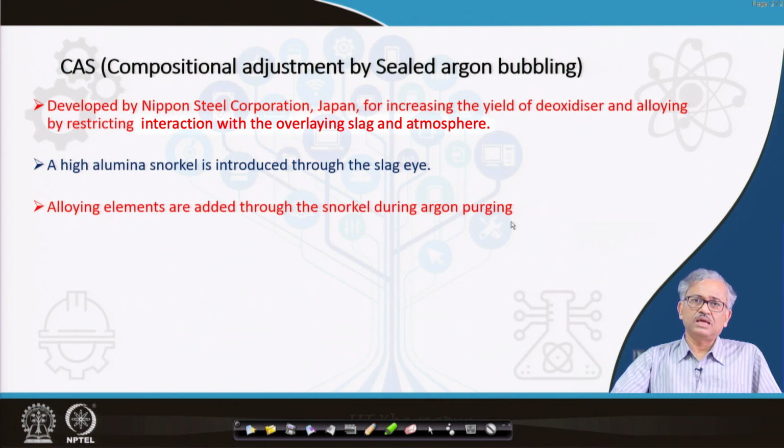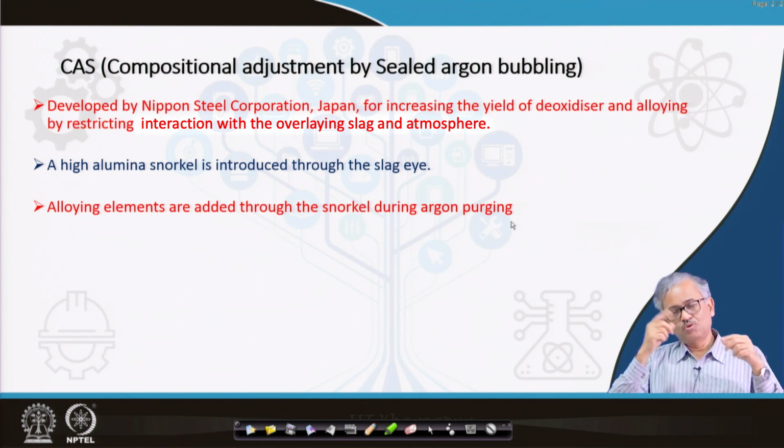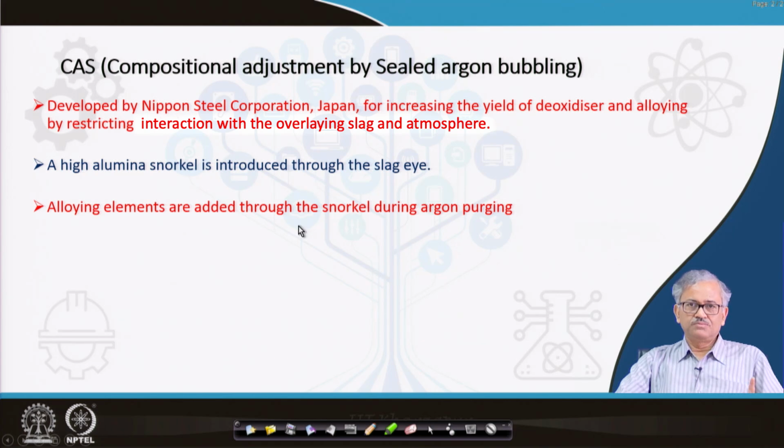The advantage is that whatever deoxidizer or alloying element you add, they do not interact; you can minimize the interaction with the slag as well as the open atmosphere. That is the major advantage. As a result, the yield of both deoxidizer and alloying elements increases, because they do not unnecessarily react with the slag and atmosphere, which would reduce their yield. That is the advantage.